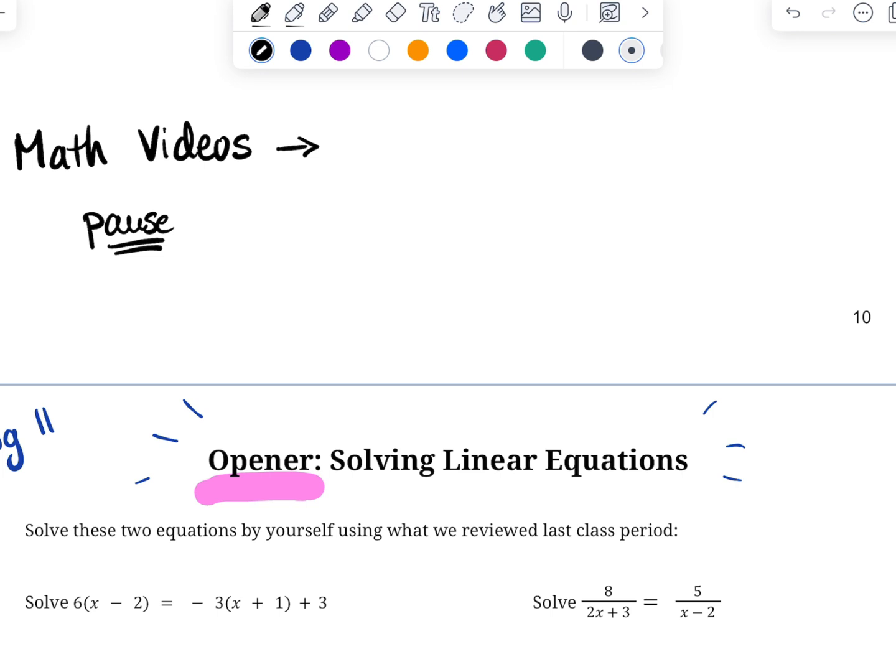But even if you aren't, you should pause the video before a problem starts and try that problem out on your own. If nothing else, if you don't write anything down, at least think about the problem. More importantly, though, whenever I ask you to pause, there's a reason for that.